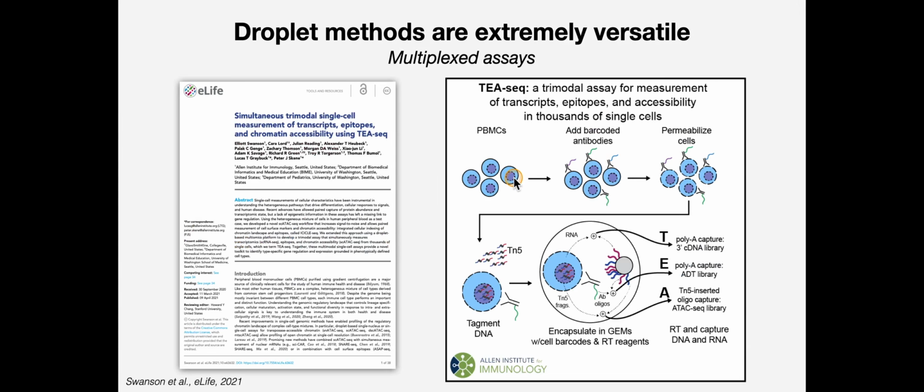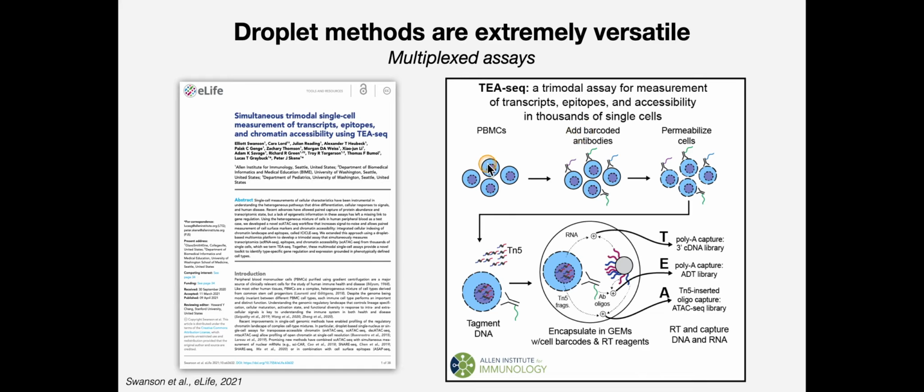I already mentioned that single-cell assays can be multiplexed, and I think there's maybe no better example of that than a paper earlier this year that described something they called T-seq, which allowed profiling simultaneously of transcripts, epitopes, and chromatin accessibility, so TEA, in single cells. And the way this works is probably pretty familiar to you by this point, based on what I've already told you.